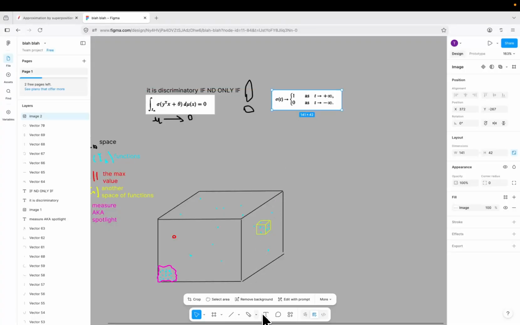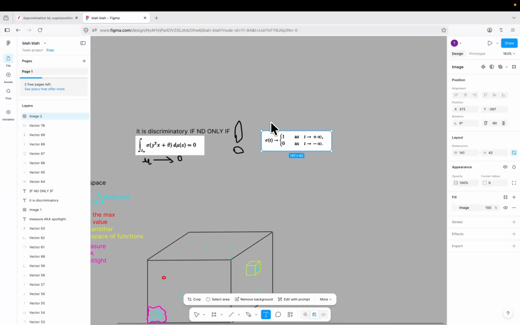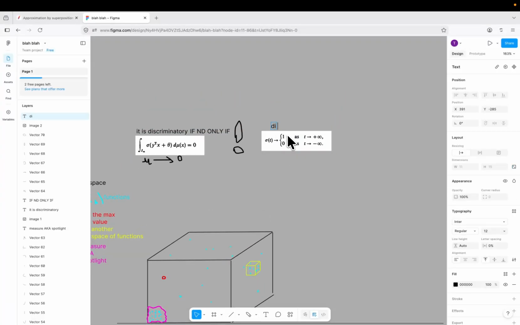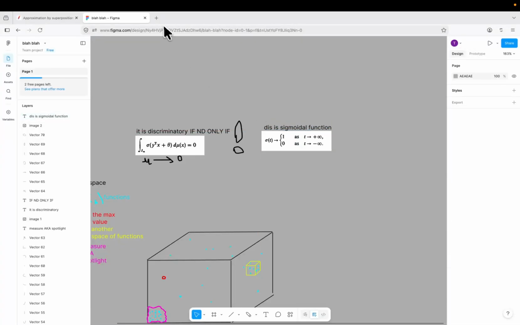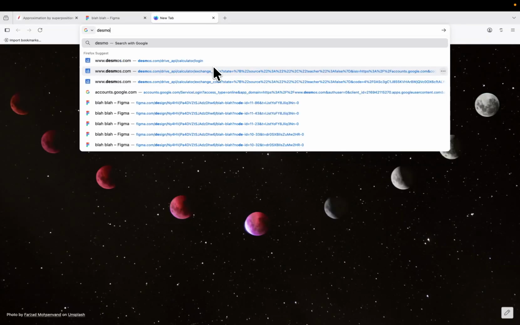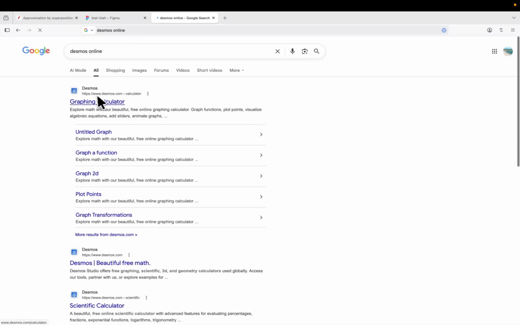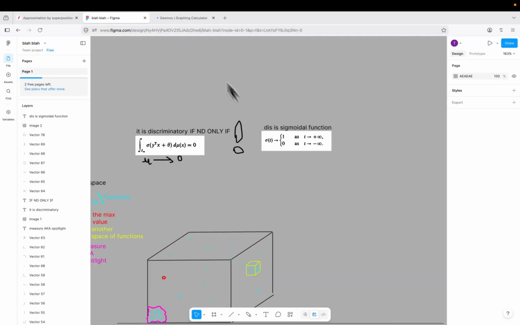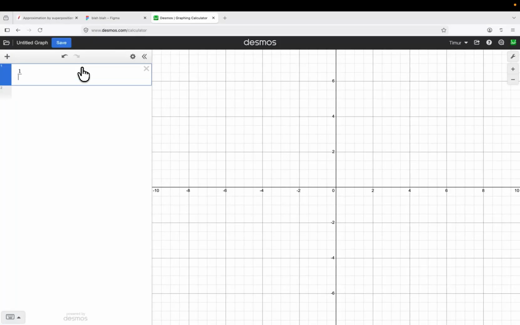This is what is meant by a sigmoidal function. Again, it may seem weird and complicated, but if you've seen the first video, the sigmoidal function is something like that.